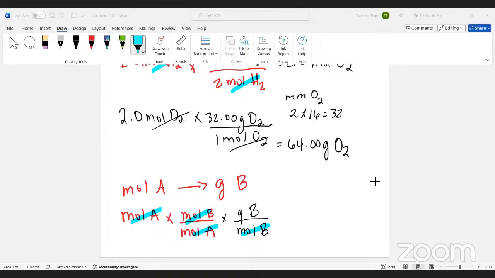Okay, let's do another one of these limiting reactant problems. So you've got iron reacting with oxygen to form iron 3 oxide. Again, I'm just going to rewrite the reaction so that I'm able to just compare the numbers here.